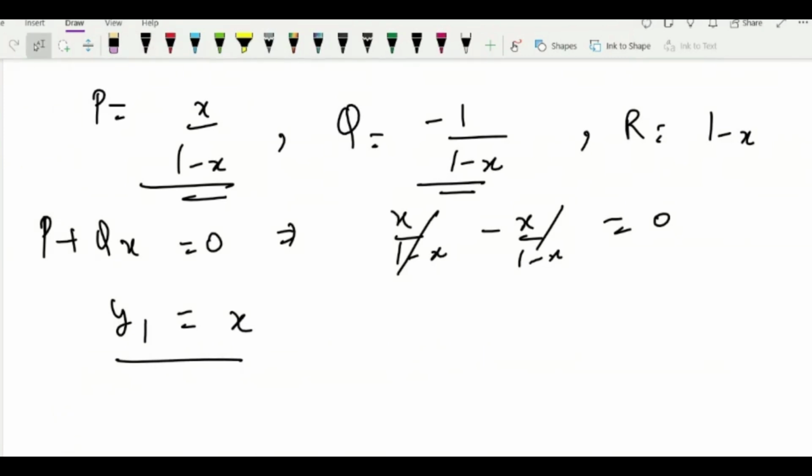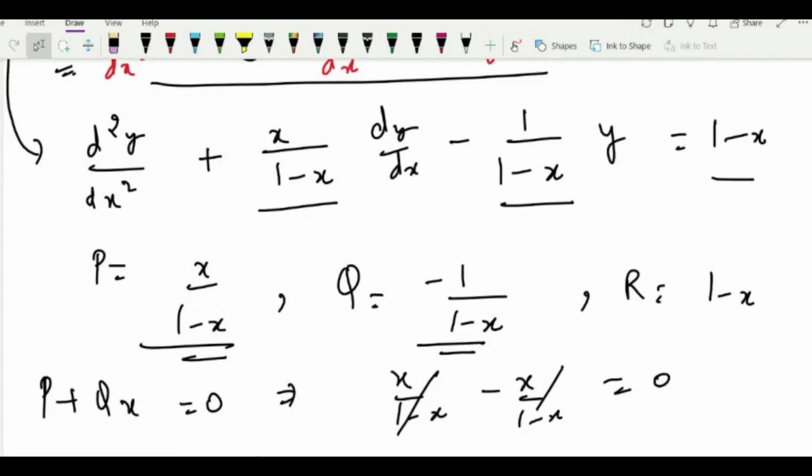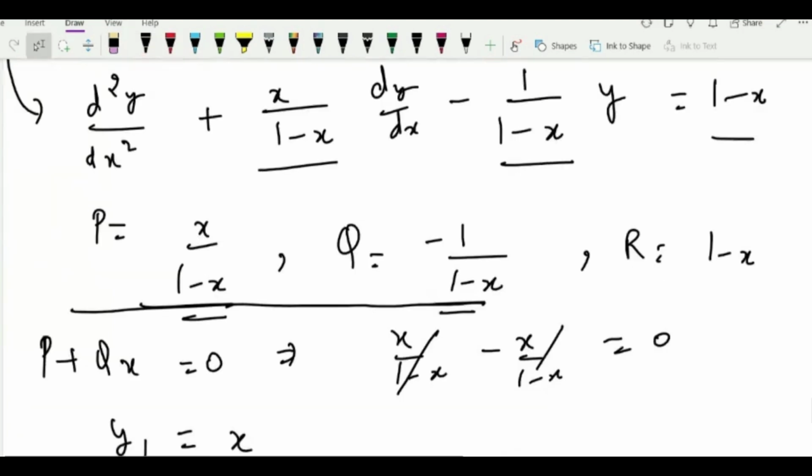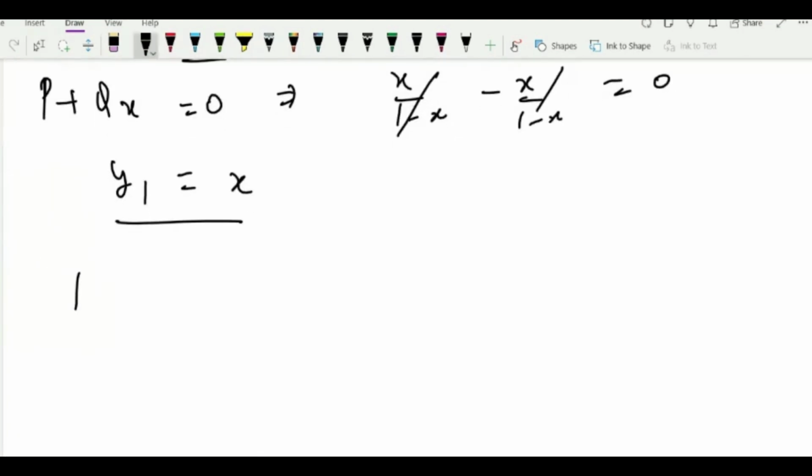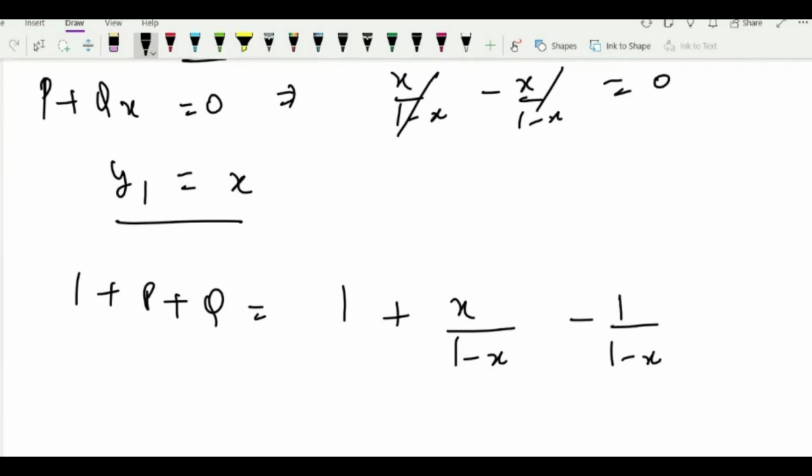Again, we can check from here 1 plus p plus q. Is it 0 or not? So let's check 1 plus p plus q. 1 plus p is x upon 1 minus x and q is minus 1 upon 1 minus x.